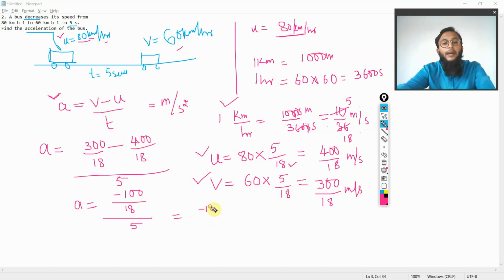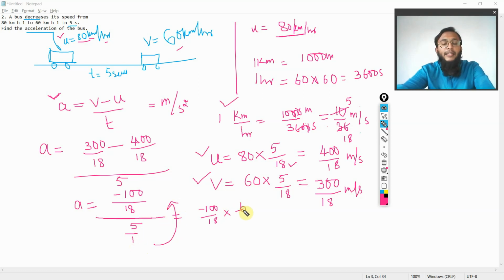Minus 100 by 18 into, since 5 is the divisor with nothing under it, that is 1, and as a reciprocal it will be 1 by 5.